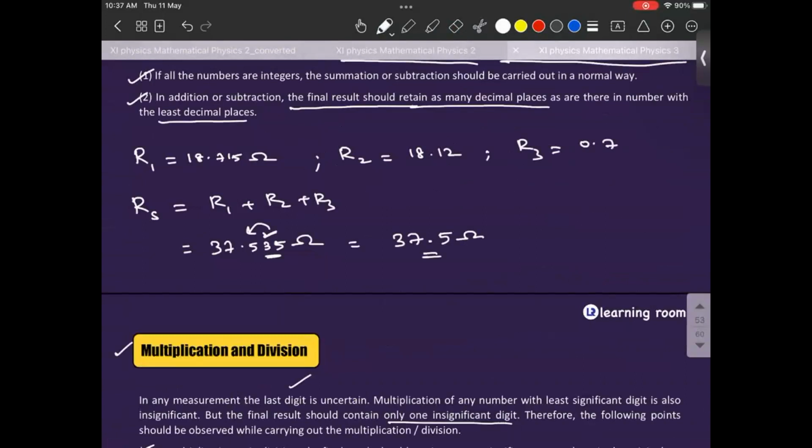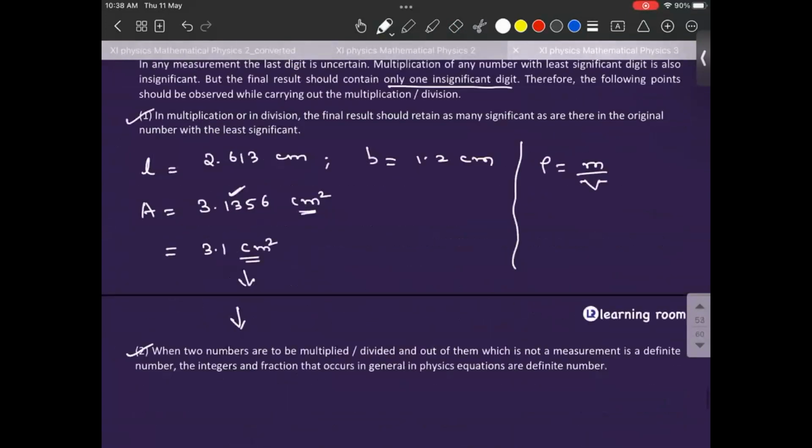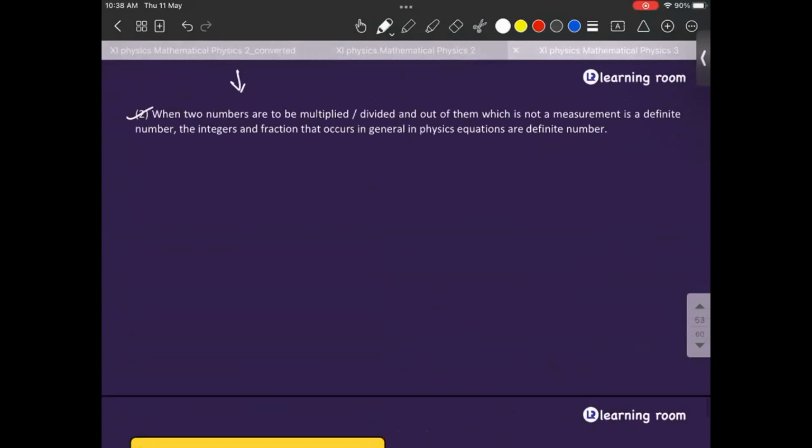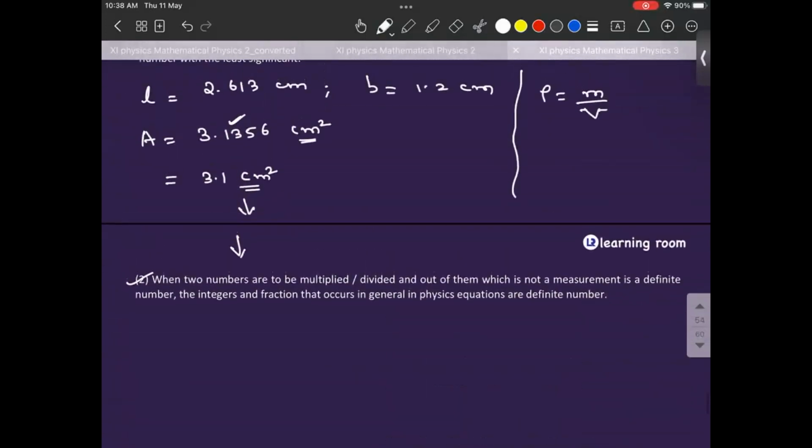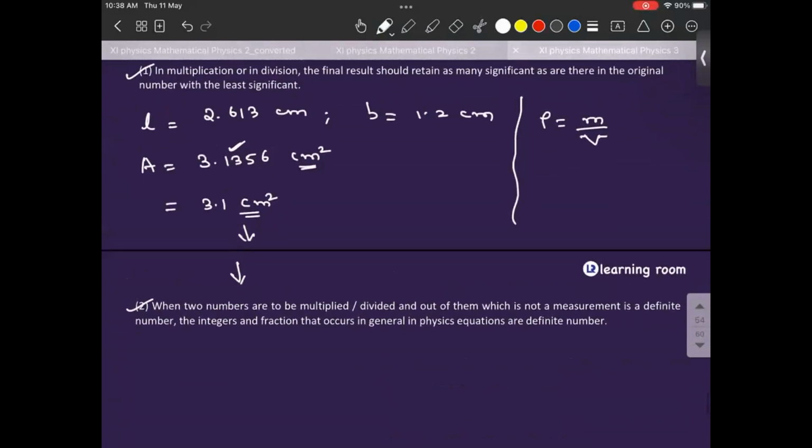You need to round off the values to the number of significant figures that the least precise number possesses. That is all we need to do. Am I clear till here? Yes, sir. Right. Okay. Next.